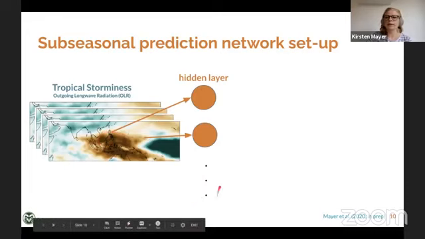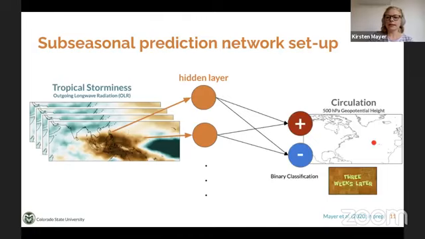We just use one layer, and it's a very simple network. And we're trying to get this network to predict the sign of the circulation over the North Atlantic 3 weeks later. You may be wondering why we're looking at the North Atlantic, since it's over the ocean and no one lives there. Well, this is because this is a region where storms are generated and steered into Europe and are very important for forecasting European weather.